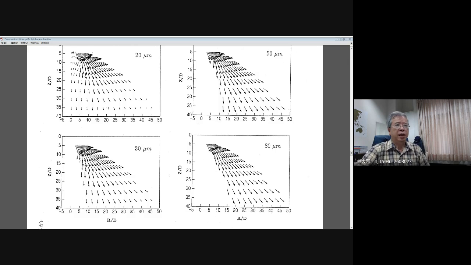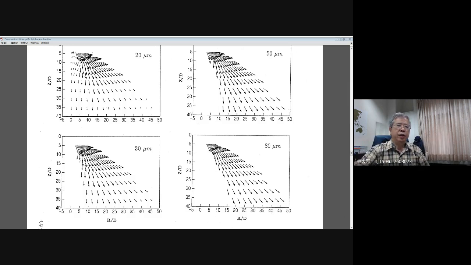Basically, you can see there is a spray sheet extension. If you look at the 80 micron, near the tip of your nozzle, the thickness of your spray cone is very small, but it will extend along the axial direction and spread to a large region.